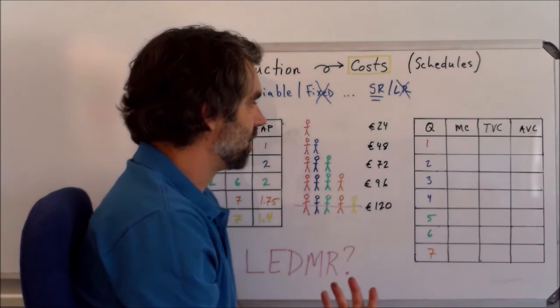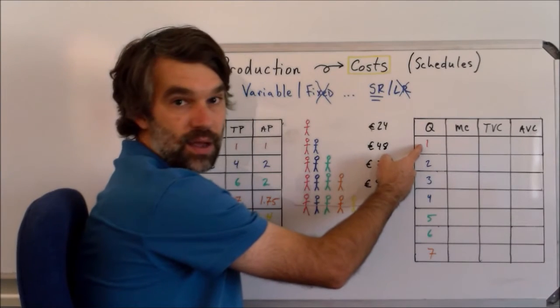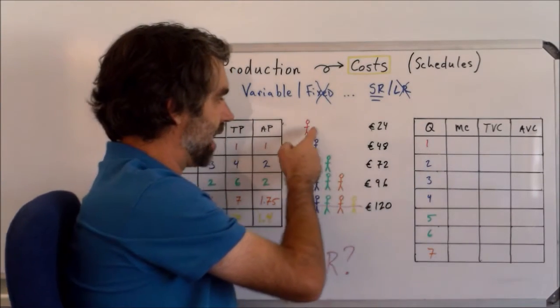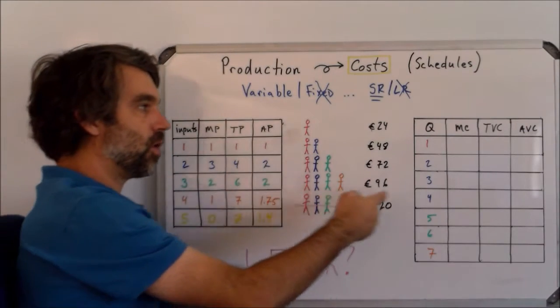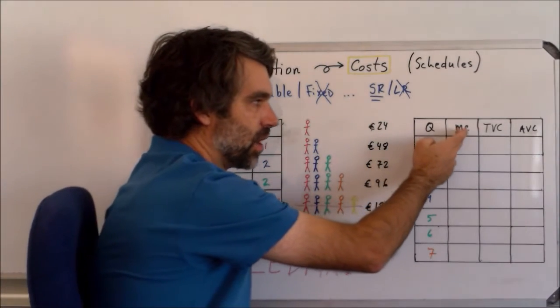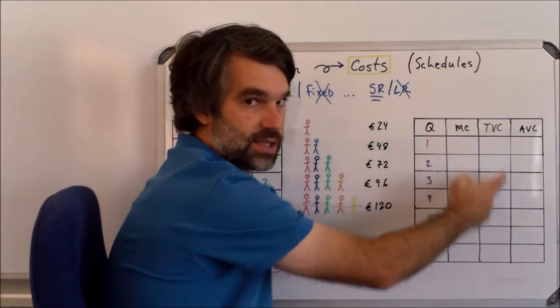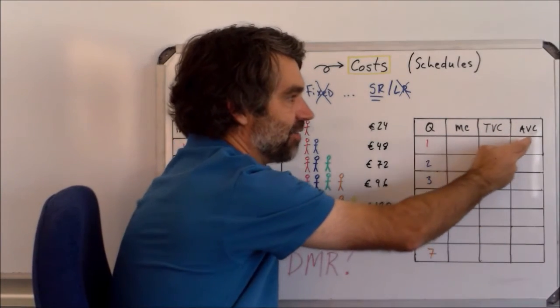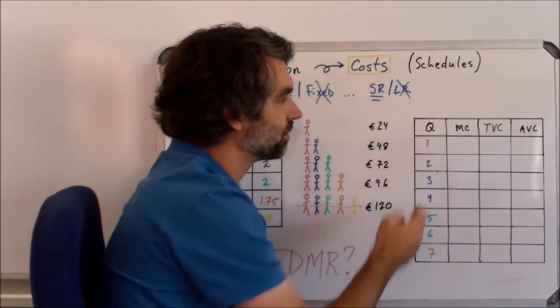As far as costs go, what we're going to have to figure out is, how did we make 1? Well, to make 1, we had to hire 1 worker. That's what the production schedule says. Therefore, the additional cost, so this is marginal cost, total variable cost, which is all the marginal costs added together, and then the average variable cost, which will be the total variable cost divided by the quantity.